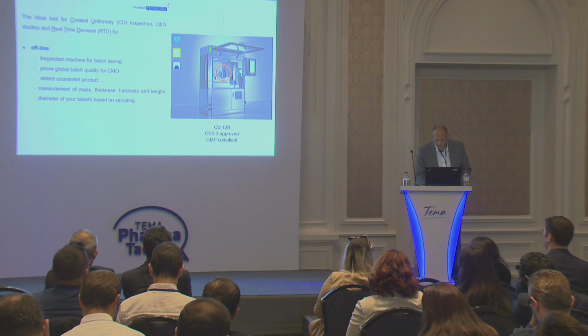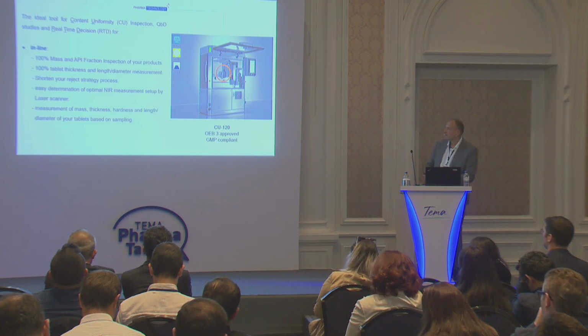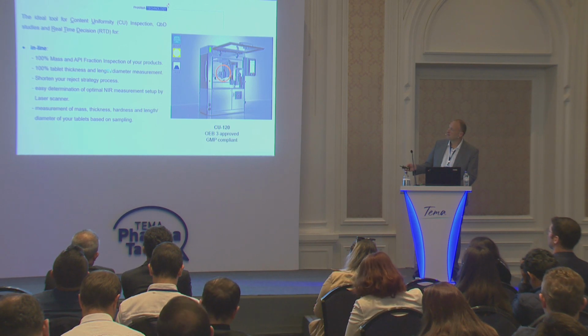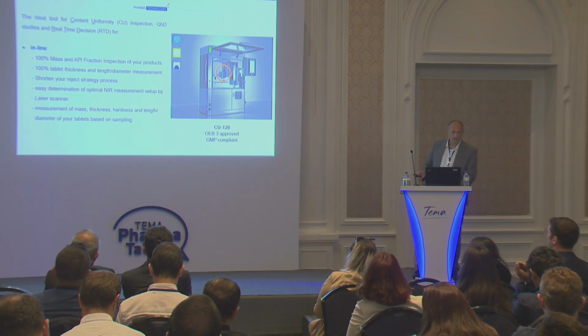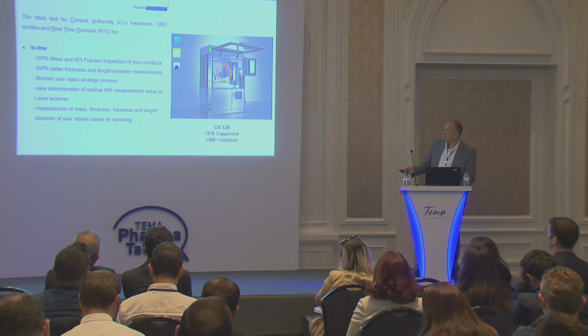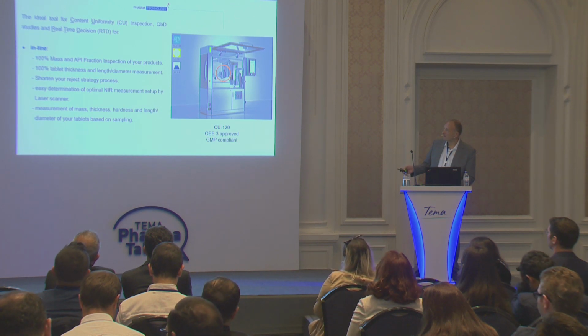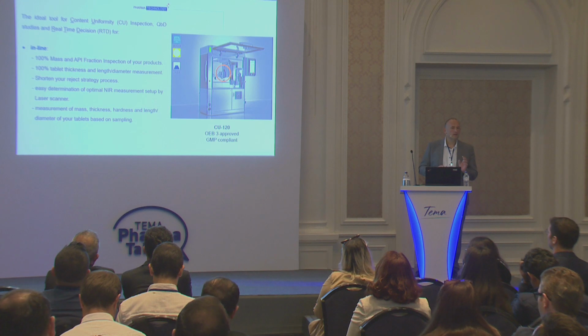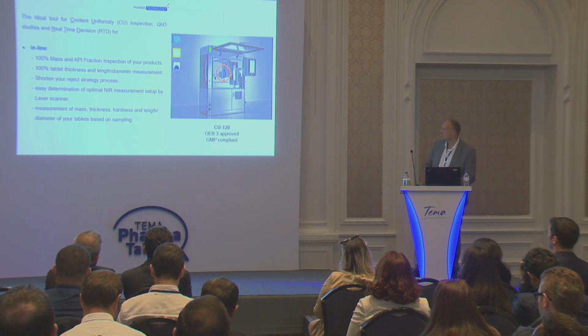Much more interesting from my point of view, of course, is the inline mode, where we can go for 100% mass and API fraction inspection. We go for 100% tablet thickness and length or diameter measurement of your tablets. But I just forgot, the accuracy of the laser scanner is approximately 0.1 millimeter. Okay?